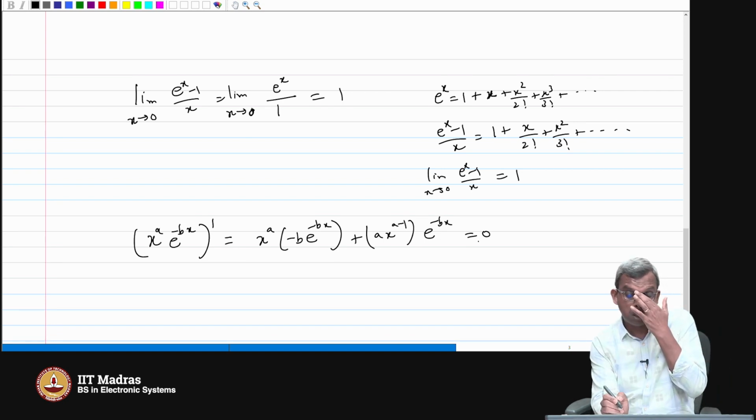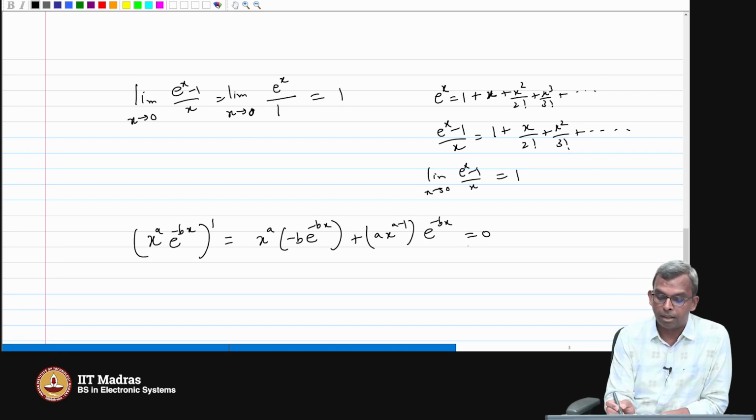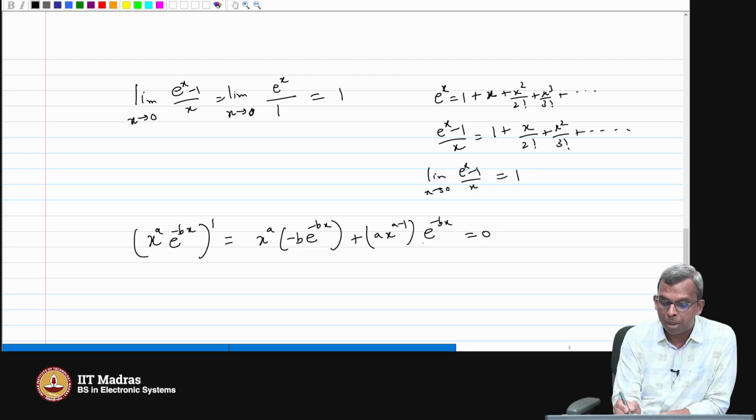This is the critical value. These are the values where peaks or troughs happen. Here e^(-bx) and x^(a-1) can be pulled out as common. So x^(a-1) times e^(-bx) times (-bx + a) equals 0.